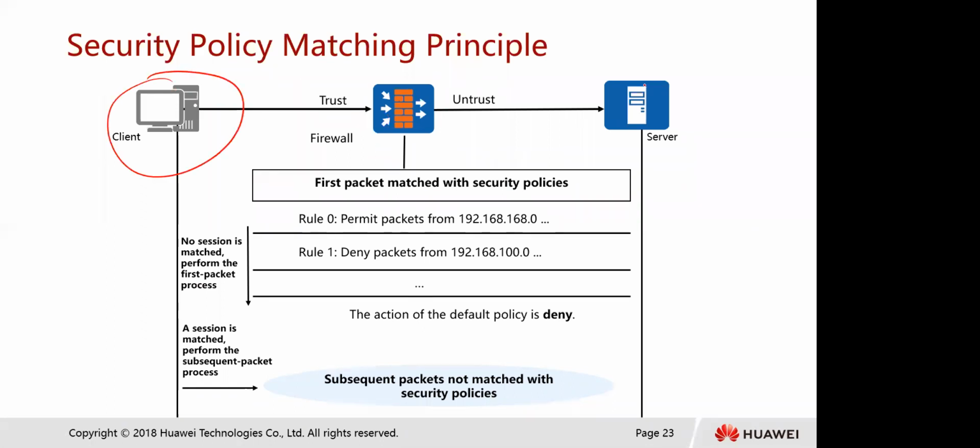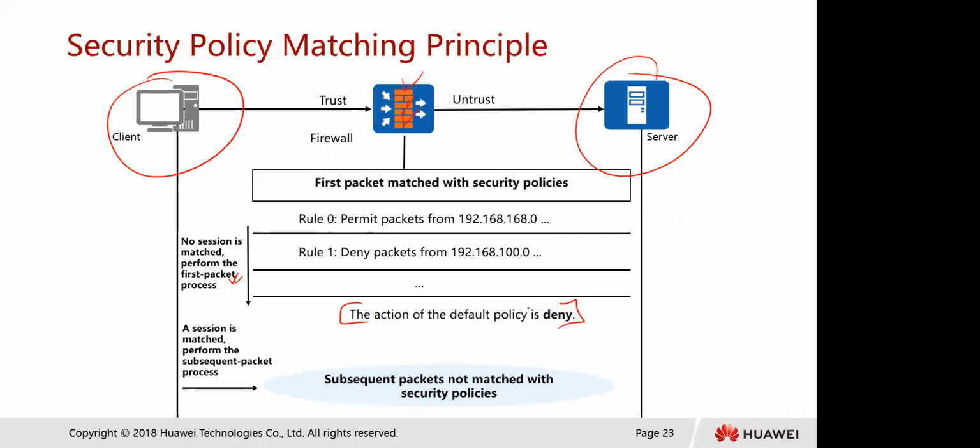So the first packet is matched with our security policy. If our client A wants to communicate with our server and sends the first packet, does it match our rules? Yes. Are we going to permit? These are our rules. Rule 0 says permit packets from 192.168 and deny packets from 192.168.100.0. If no session is matched, then perform the first packet session. We already looked at this. And if the default policy, like we said, is deny.